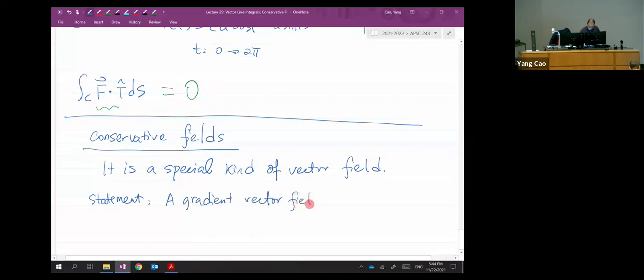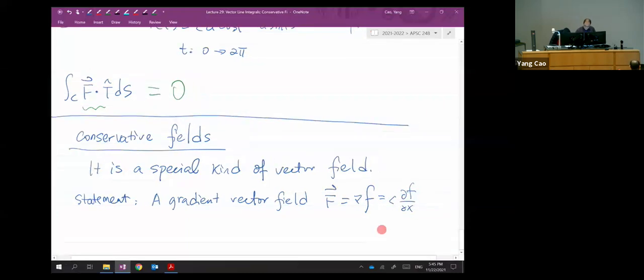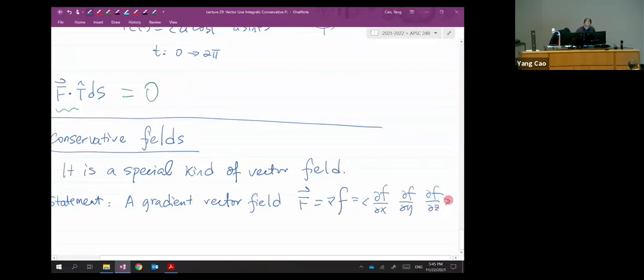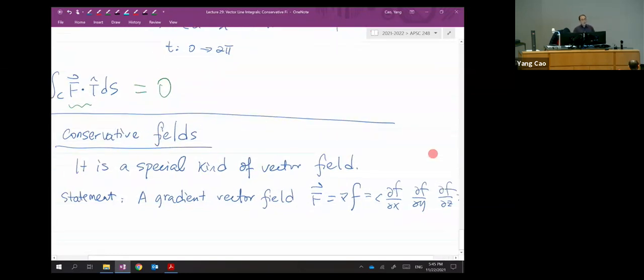What's a gradient vector field? If you calculate a gradient vector based on a scalar function f, depending on whether you're talking about 2D or 3D, as long as you calculate the gradient of a scalar function, you end up with a vector field or vector function F here. Typically we call this the gradient vector.